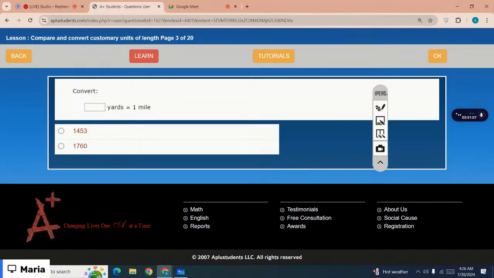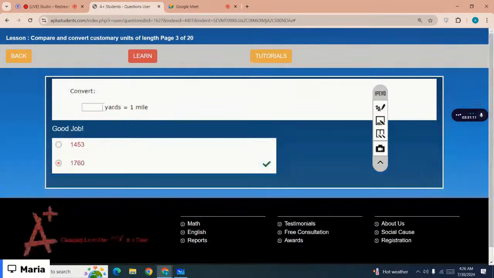One mile equals 1,760 yards. Option number 2 is the correct option.